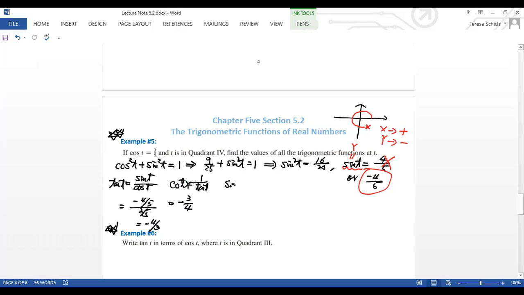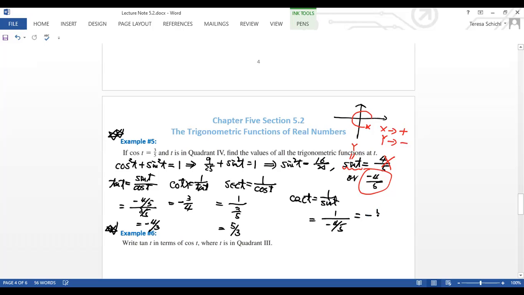Okay, and then the secant t, I know from the identity is 1/what? Cosine t. So this is 1/what? 3/5. So what is here is 5/3. Then the cosecant t is 1/sine t, right? So the sine t is 1/-4/5.